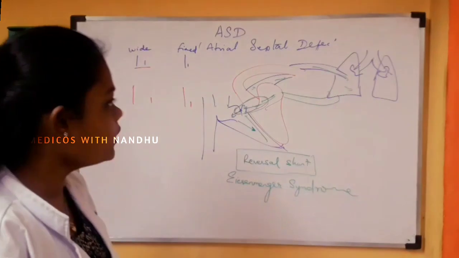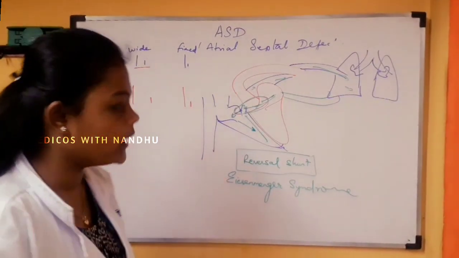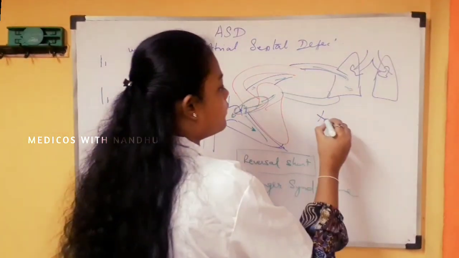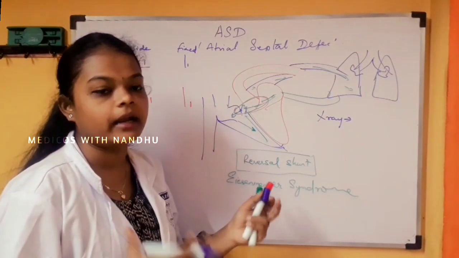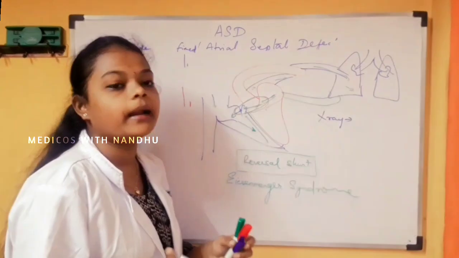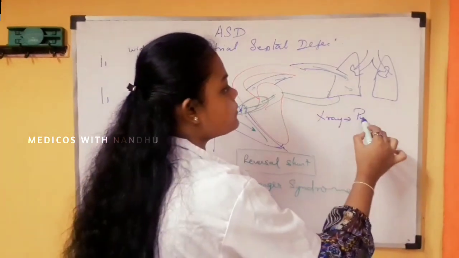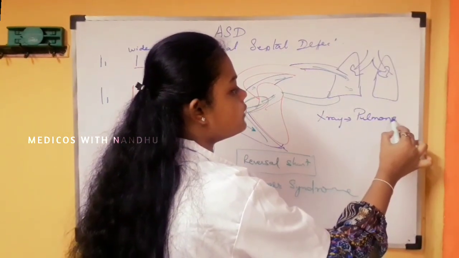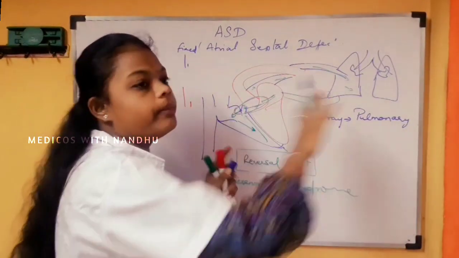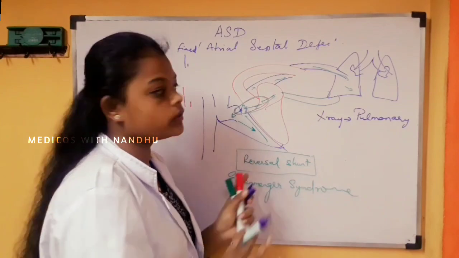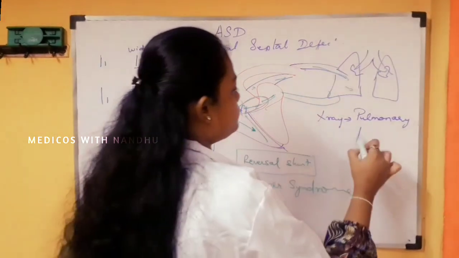Coming to diagnosis, in X-ray there will be enlargement of the heart, enlargement of the pulmonary arteries, and mainly pulmonary plethora. Pulmonary plethora means there is increased perfusion, a greater amount of blood circulating in the lungs.